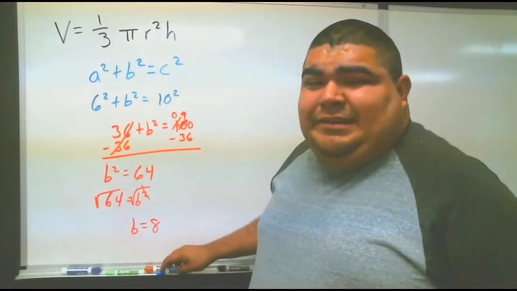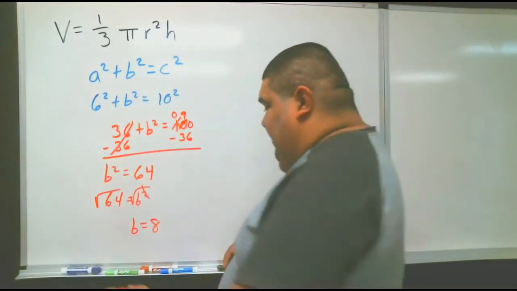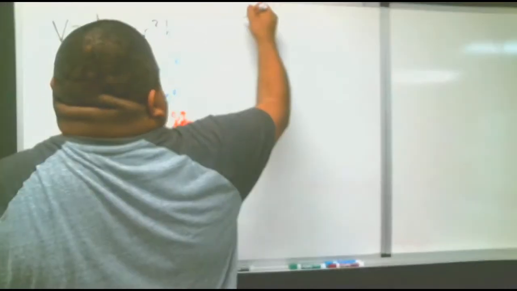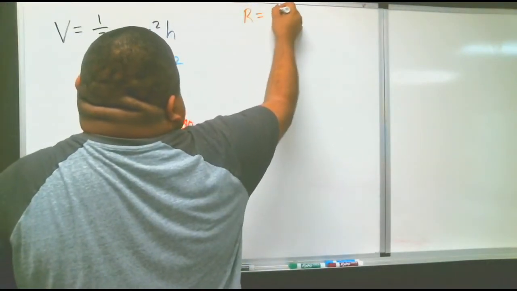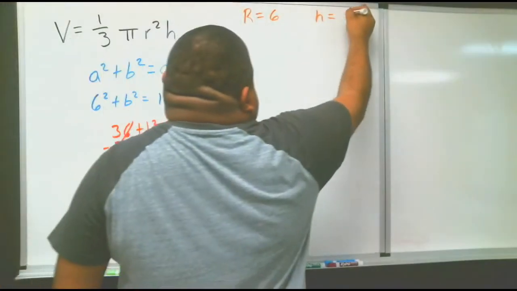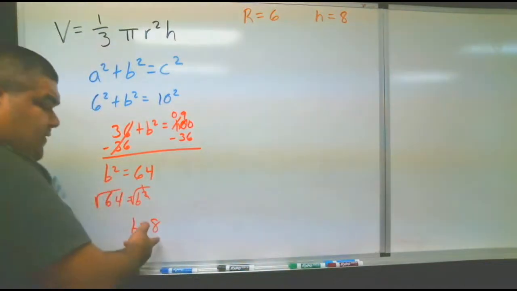We found our height, and we already had our radius, which was 6. So radius equals 6 and height equals 8. That's all we really need.